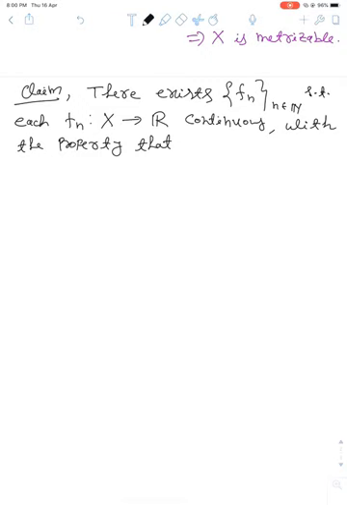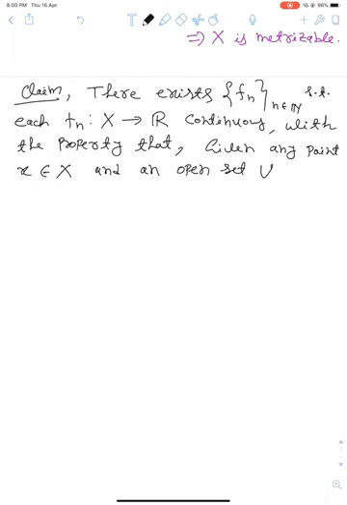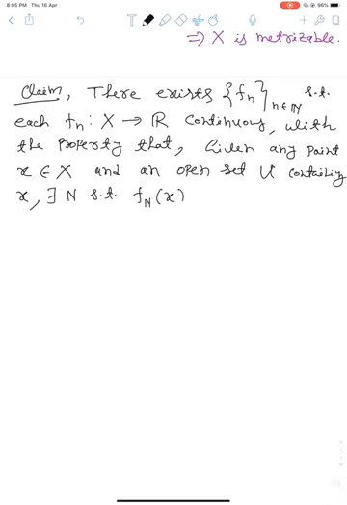So with the property that, given any point x in X and an open set U containing x, there exists n such that fn(x) is bigger than 0 and fn of X minus U equals 0. That means we have an index n such that that function gives a positive value at x and it vanishes outside of U. Fine.